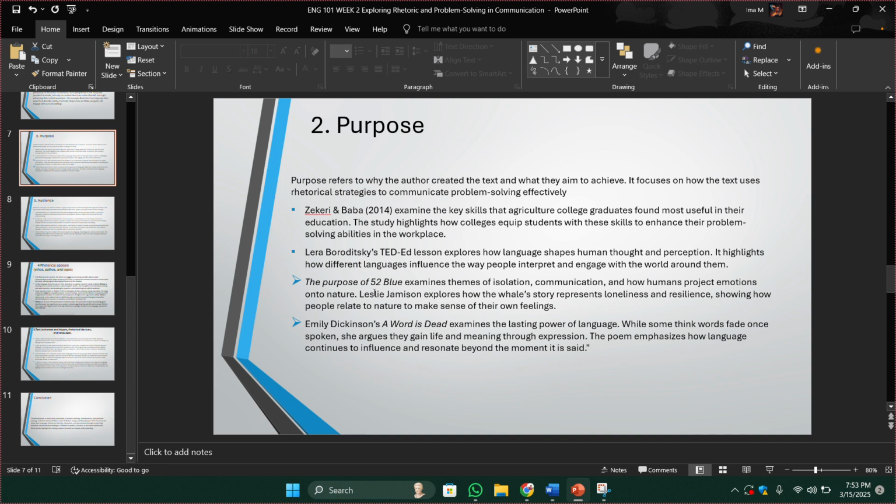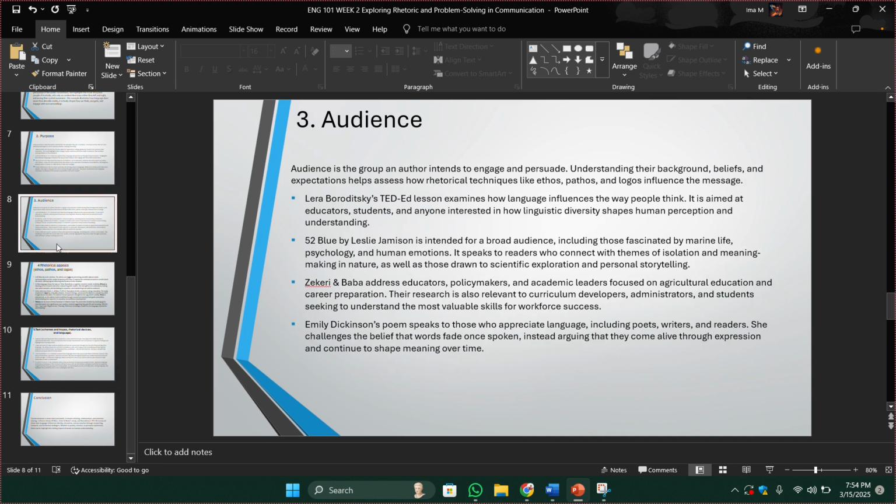In 52 Blue, it explains things like isolation, communication, and how we can relate to them. And in Emily Dickinson's poem, "A Word Is Dead," it examines the lasting power of language. So each author has a purpose, or a reason why they are writing.